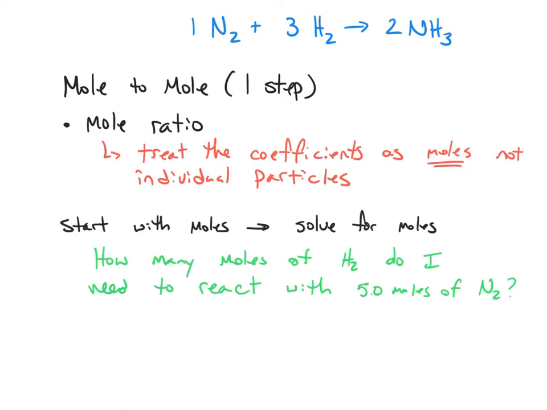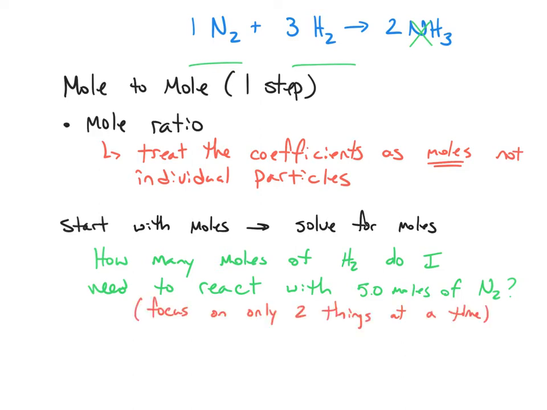So you really focus in on the 2 things, what you know and what you're trying to find. Now I know the N2 and I'm trying to find the H2, and I really don't care about the NH3 at all. Stoichiometry focuses on just 2 things at a time.